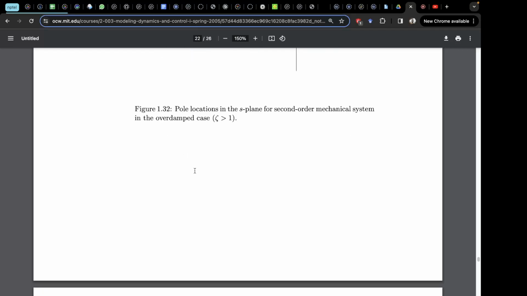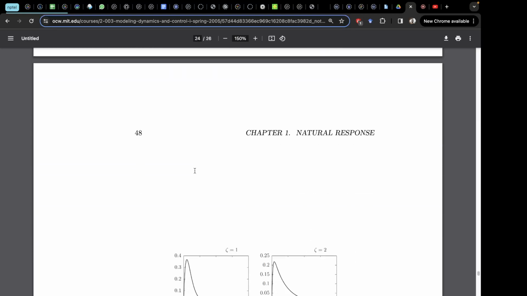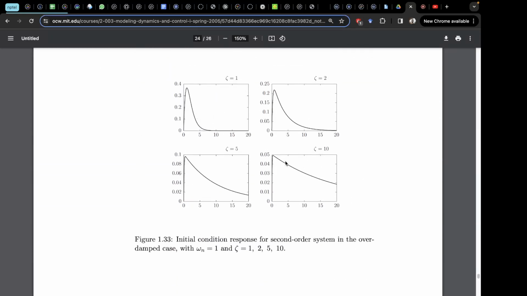This case is generally one we are less interested in. These are typical responses of over damped systems. You see that there are no oscillations, just an exponential decrease in the response. All right.